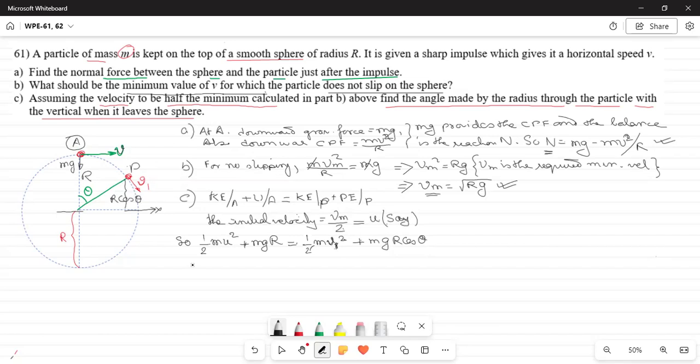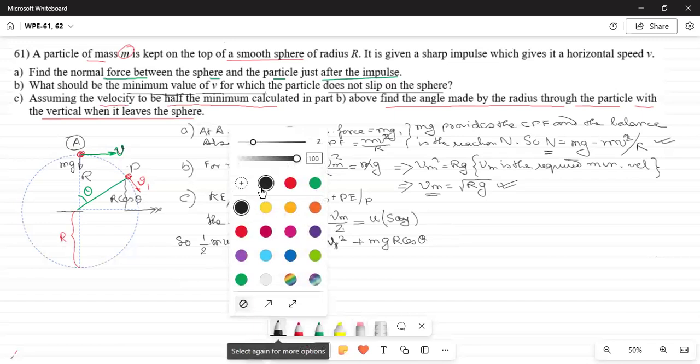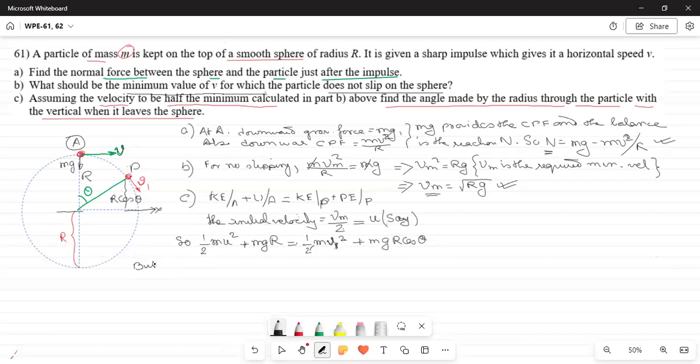Now from here we can write, u is equal to Vm by 2. And Vm is given as under root Rg.